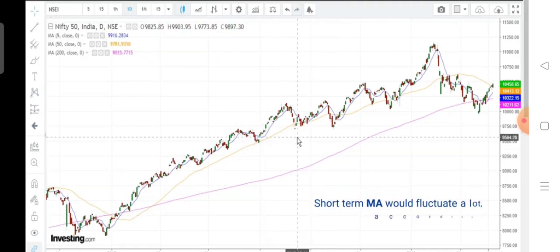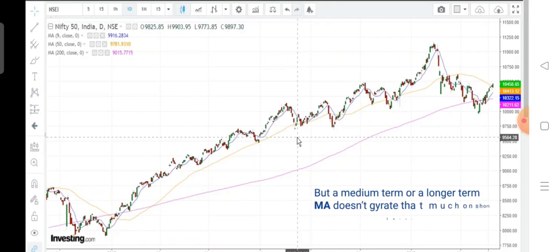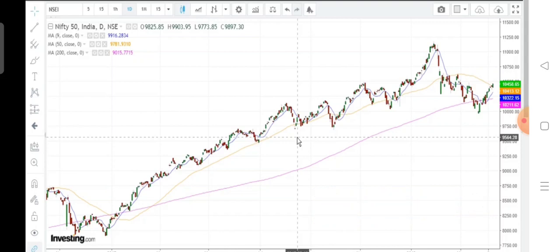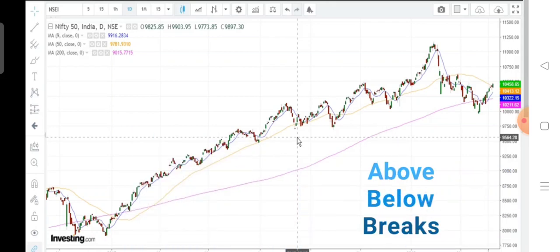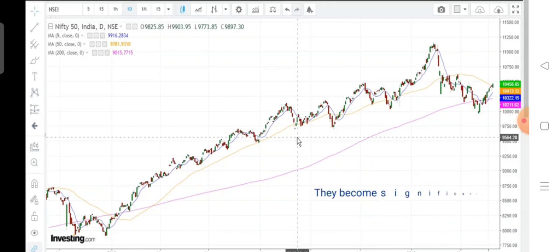A short-term moving average would fluctuate a lot according to shorter-term price gyrations, but a medium-term or longer-term moving average doesn't gyrate that much on shorter-term price movements, and that's why they are very significant. Once price goes above or below them, or even breaks them or comes close to them, they become significant entry or exit points for traders.